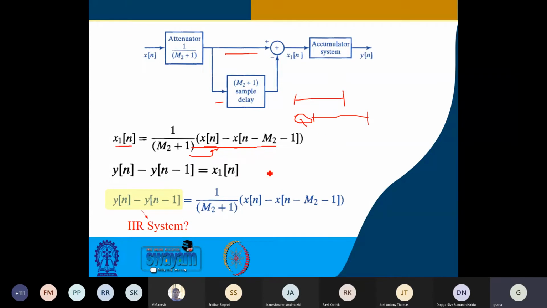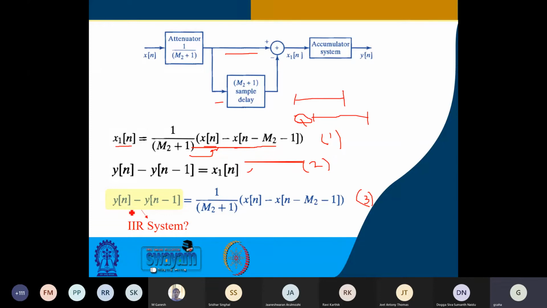Accumulator system, we have already seen that this is to be like this. Now if you substitute xn the way you have described in equation 1 in equation 2, then we arrive at equation 3.